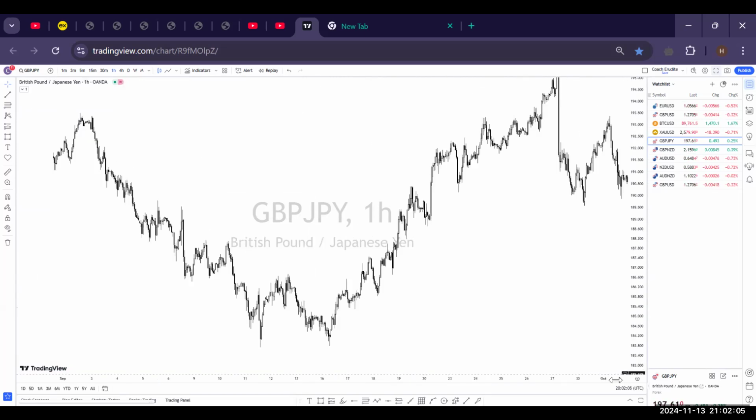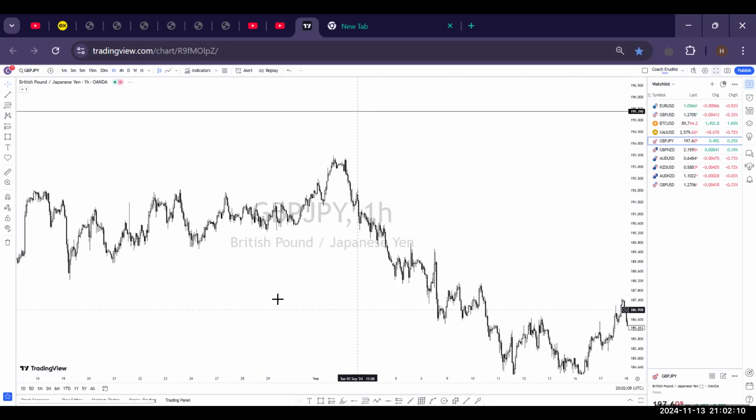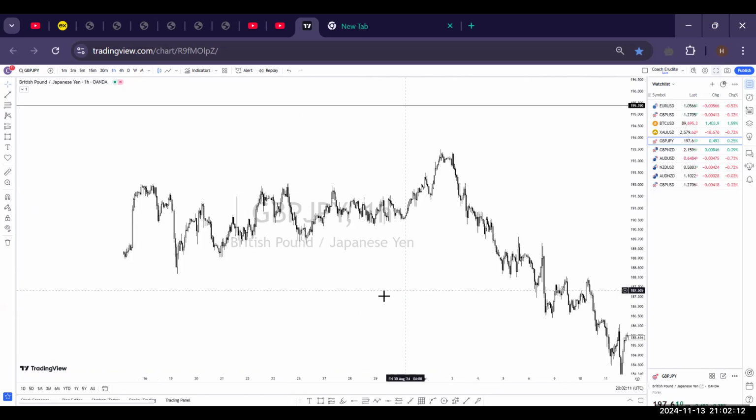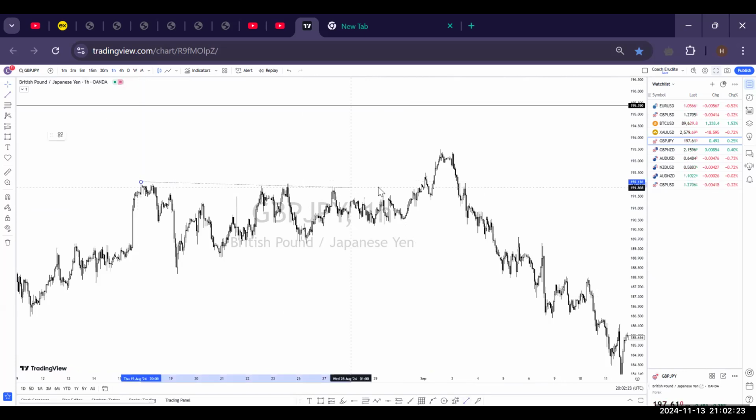So I'm going to start from this area. What are we going to identify? What we have here, I'm going to use my trend line. We have the resistance. Price has been consolidating. This is not actually a perfect resistance anyway.